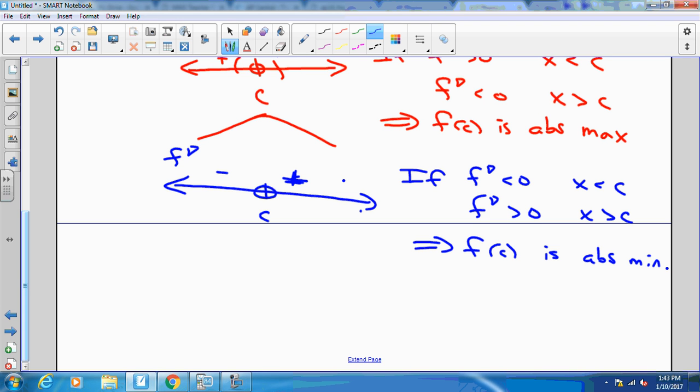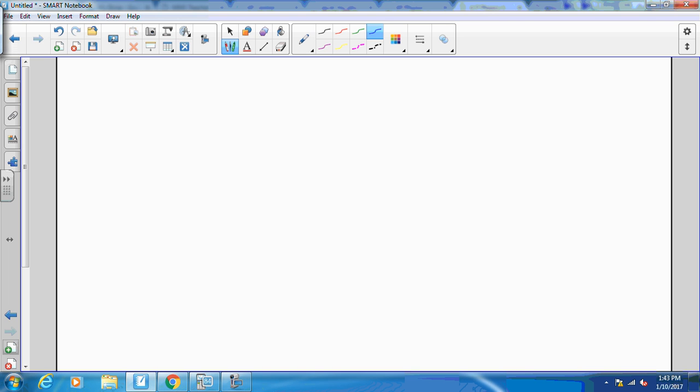Now, I'd like to show you how this works out by considering problem number 16 in your book on page 227. And what I will do is actually type this problem in so that it's clear.